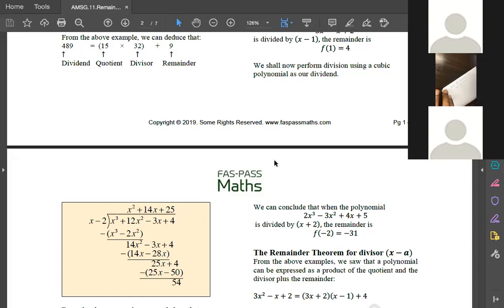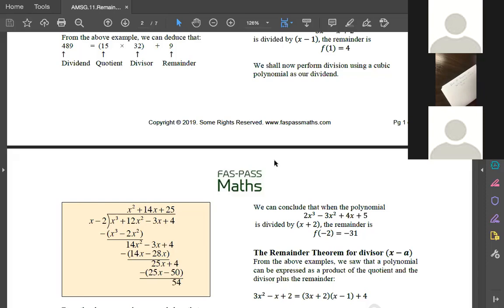Very, very simple. It's divided by x plus 2. Good. So now, under normal circumstances, we are supposed to go through the long division and then find the remainder.